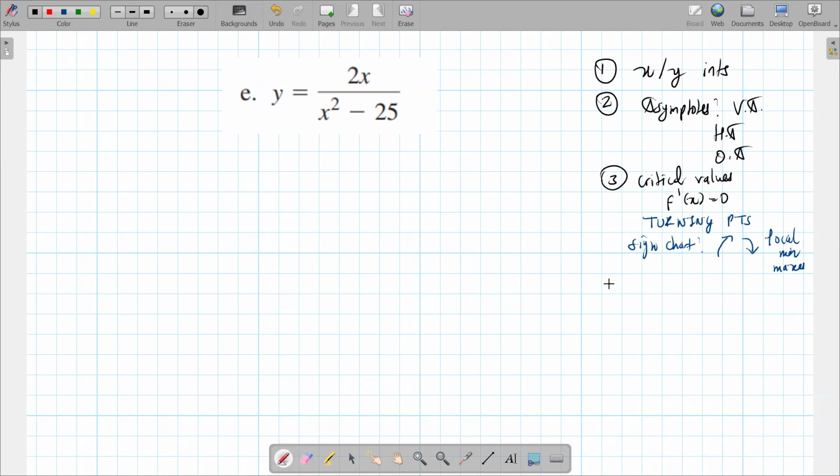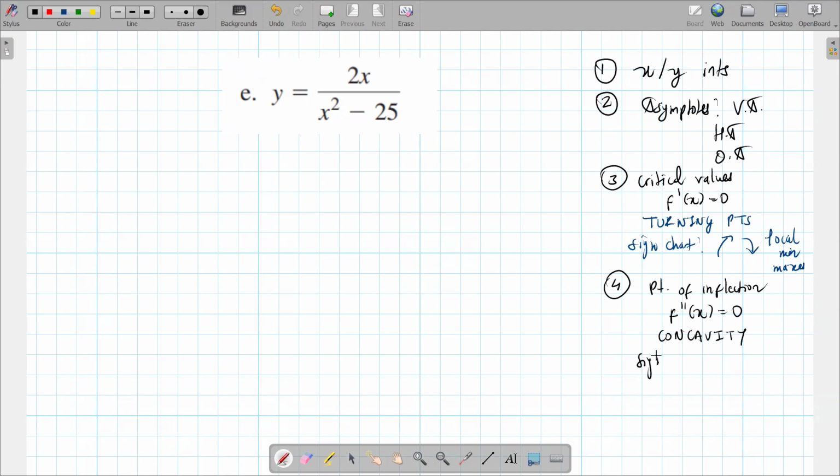And then the last piece is the point of inflection. Do you remember how to get the point of inflection? You want to set the second derivative equal to 0 and solve for x. So that gives you the point of inflection, which is essentially the concavity of your graph.